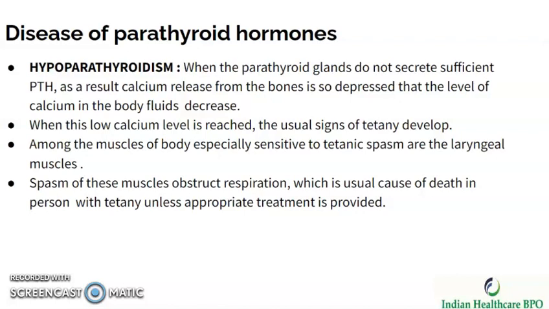When this low calcium level is reached, the usual sign is tetany that will develop among the muscles of the body, especially sensitive to tetanic spasm are the laryngeal muscles. Spasms of the muscles obstruct respiration, which is the usual cause of death in the person with tetany unless appropriate treatment is provided.